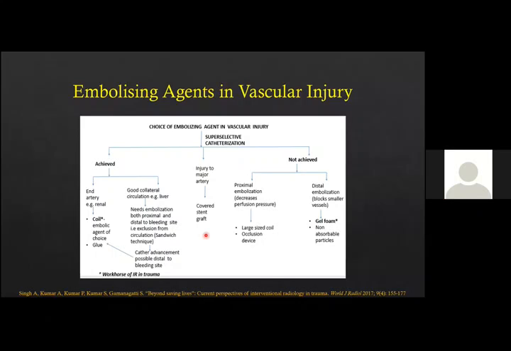However, in cases of bleeding where we have not achieved superselective catheterization, whenever the perfusion pressure decreases, there is more chance of a proper hematoma forming before getting washed out by the ongoing bleed, and this hematoma can have a tamponade effect and prevent further bleeding. So here we use larger size coils because we'll be doing a proximal embolization in larger caliber vasculature, or we can sometimes even go for occlusion devices such as the Amplatzer vascular plug.